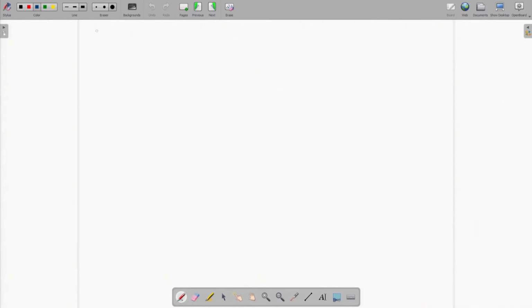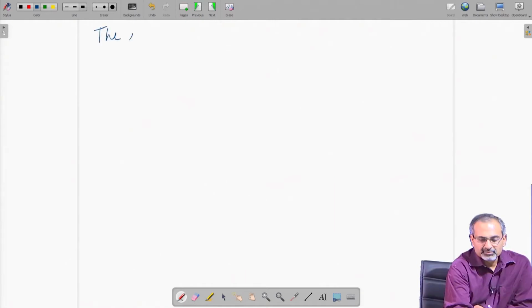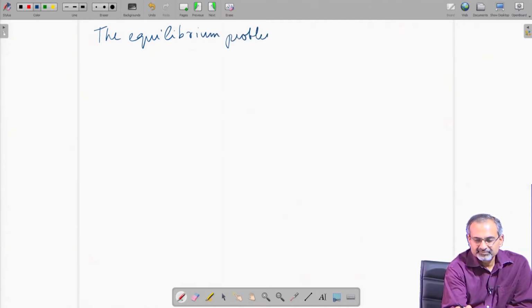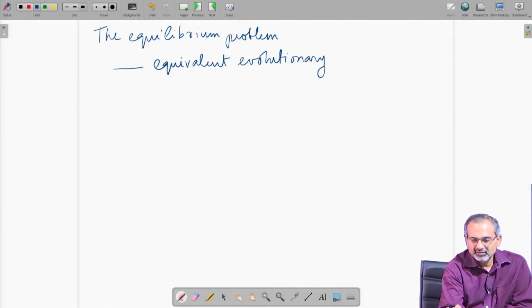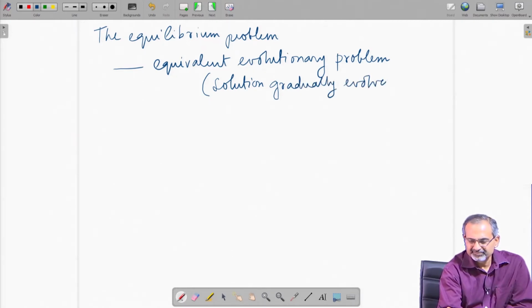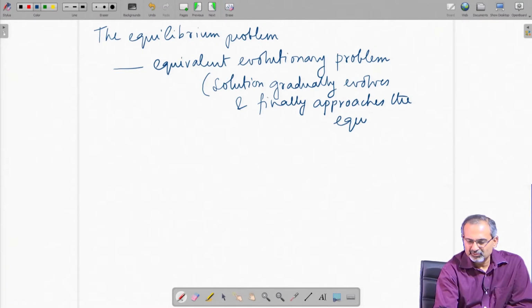So, we are trying to pose the equilibrium problem as an equivalent evolutionary problem, which means the solution gradually evolves and finally approaches the equilibrium solution.